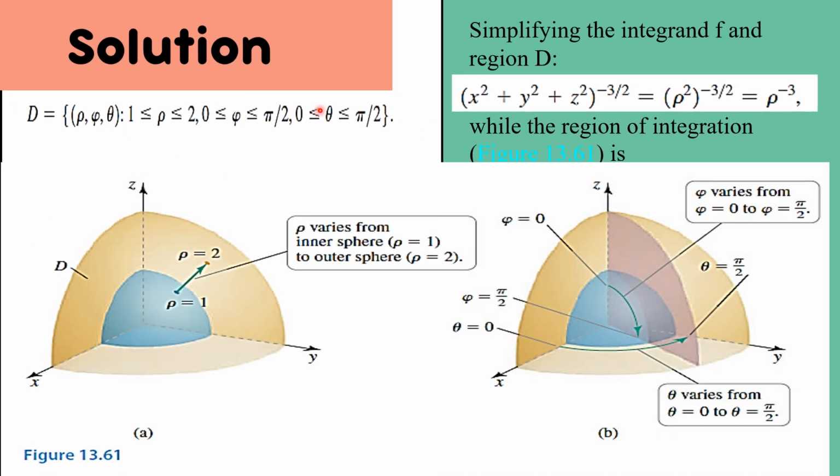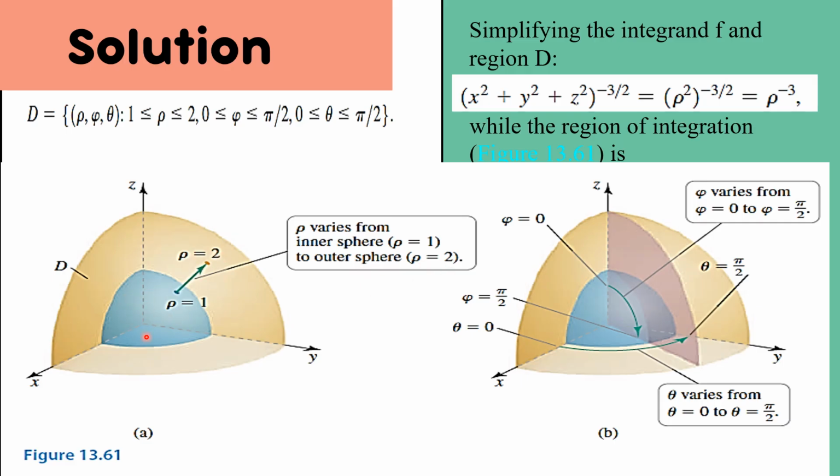Here is the illustration of the set D along with the lower and upper bounds of each of these three parameters. In Figure A, we can see that rho varies from the inner sphere, rho equals 1, to the outer sphere, rho equals 2.